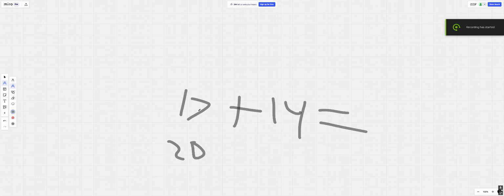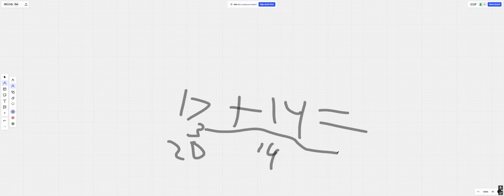How much do you add to 17 to get 20? That's 3. So now we get this 3 and we get 14, which is the other number. We move this 3 over here and add minus.